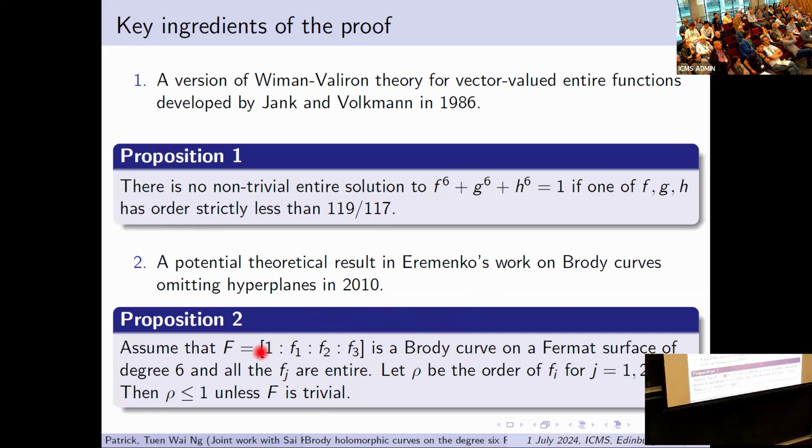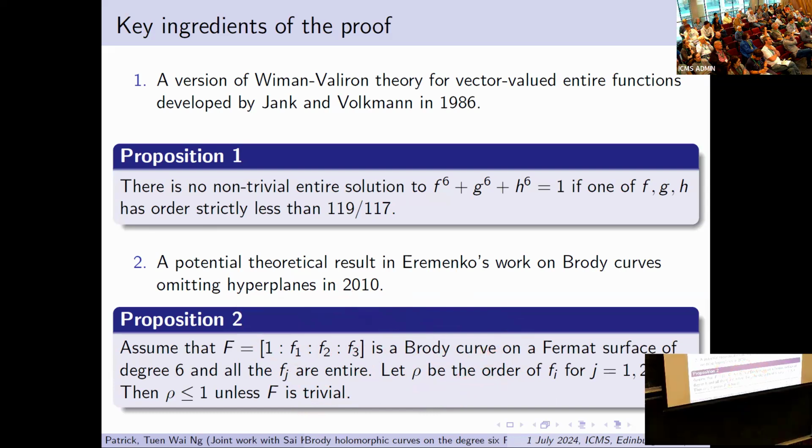So this is the statement I'm going to prove using this result of Alex. If you let capital F be of this form, with the coordinate functions F1, F2, F3, and assume it is a Brody curve lying on the Fermat surface of degree 6, and each Fi is entire, and then if you assume this F is non-trivial, then the order of each of these coordinate functions would be less than or equal to 1.